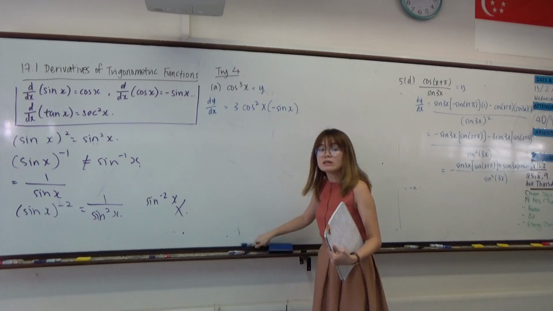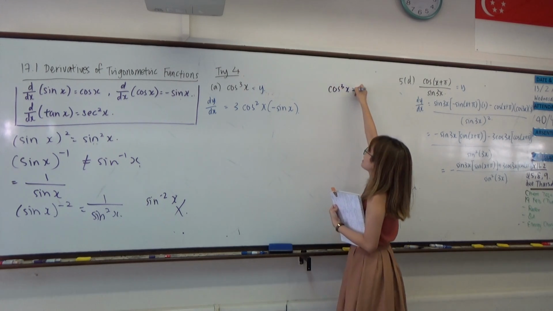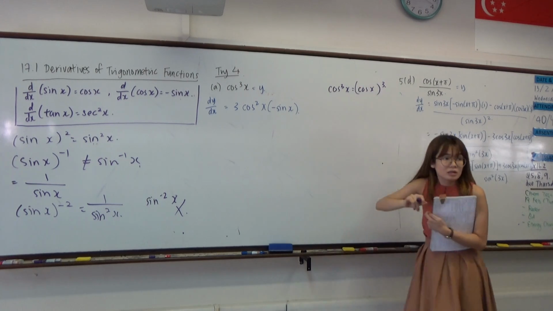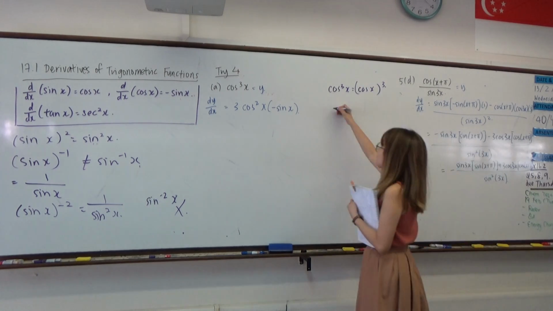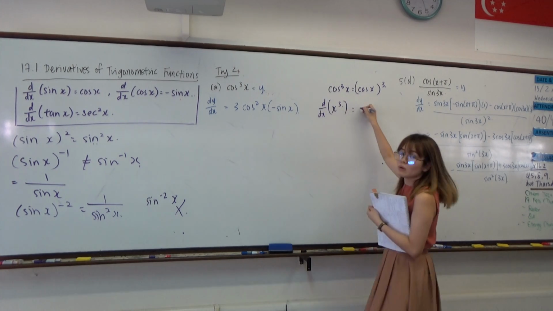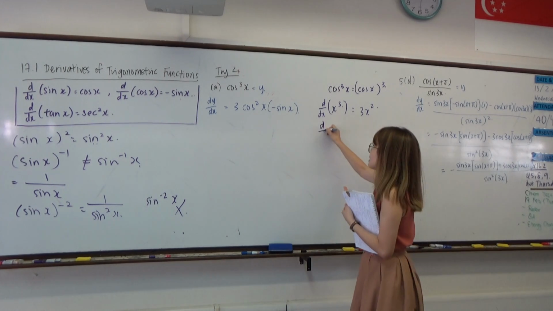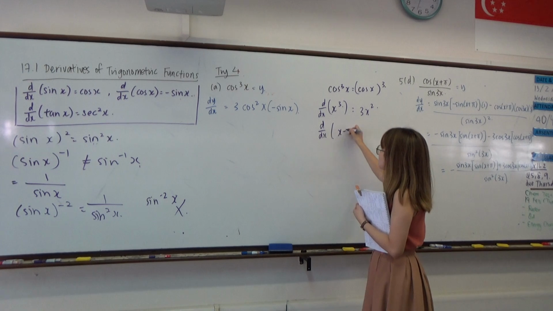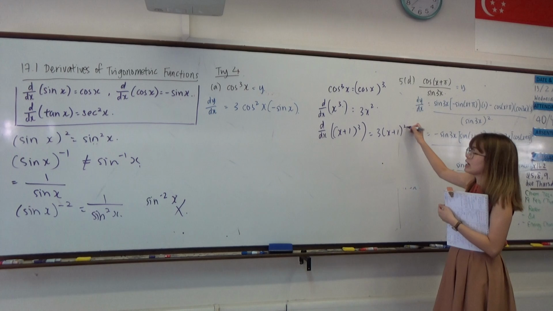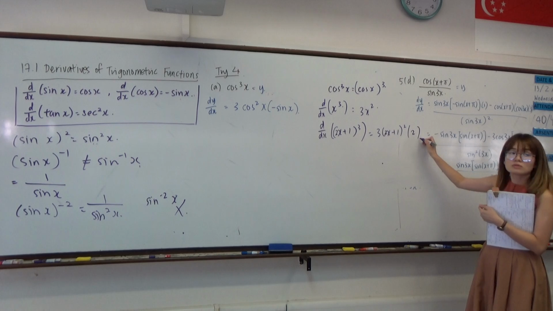Cosine cube x is the same as cosine x to the power of 3. When we differentiate x cubed, we get 3x squared. If I differentiate x plus 1 cubed, there will be 3 times x plus 1 squared, then we differentiate the inside, giving 1.